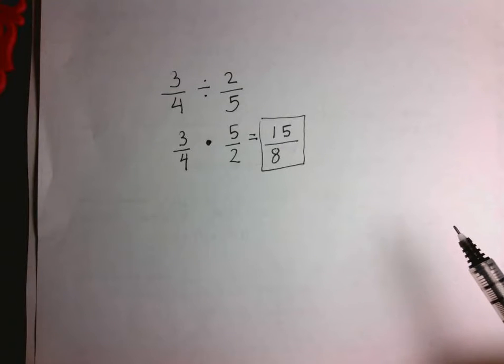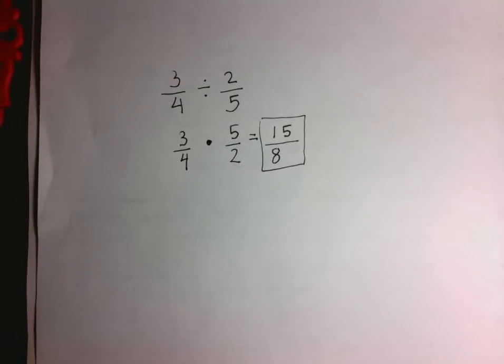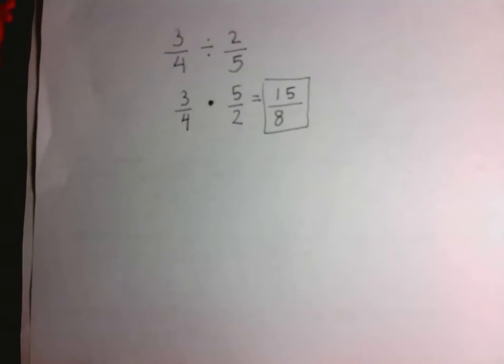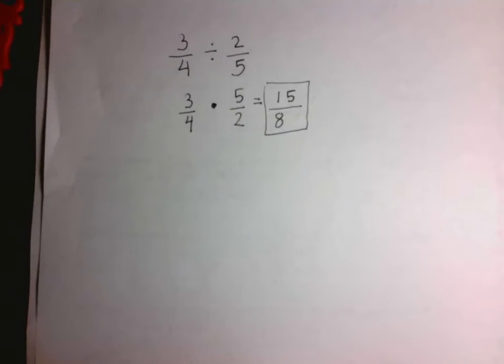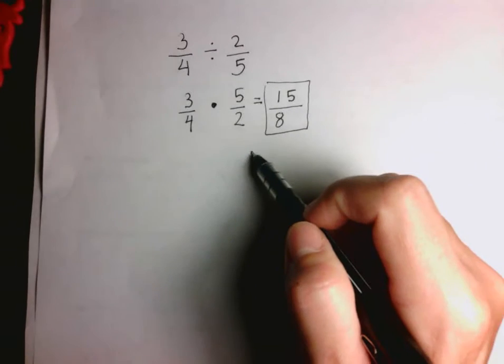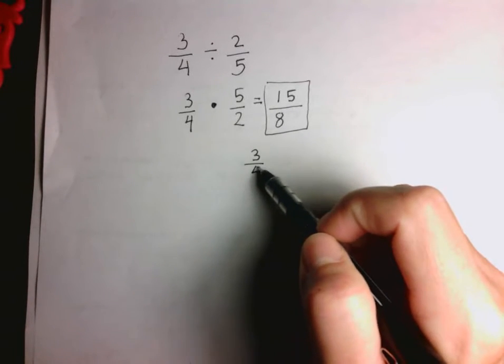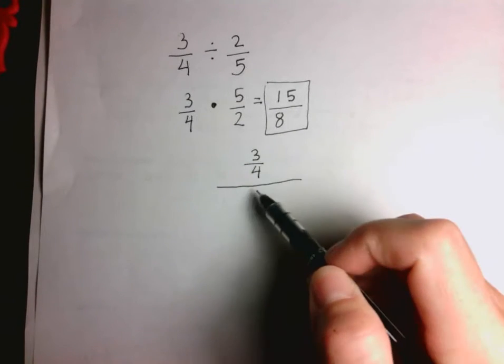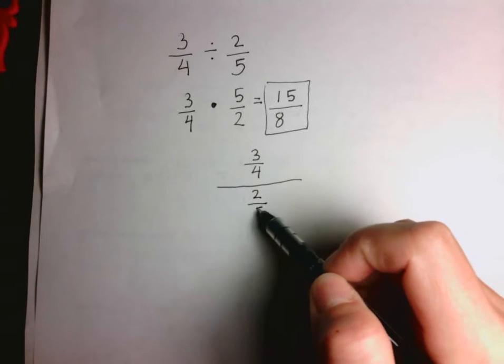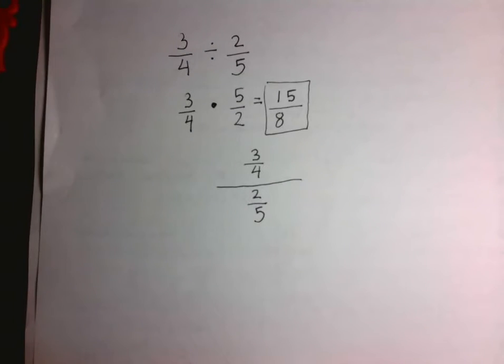But why? I want to make sure you fully understand why. So let's look at this again, but let's set it up this way. Remember, a fraction is a division bar. So if I say 3/4 divided by 2/5, I can set it up like this. And you don't have to do this. I'm just doing this so you understand why.